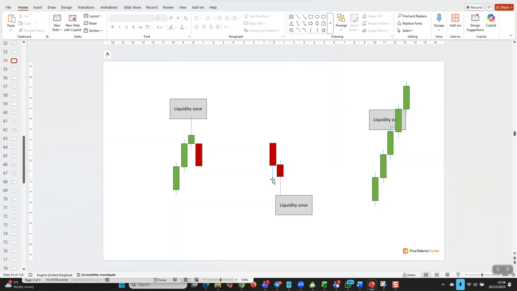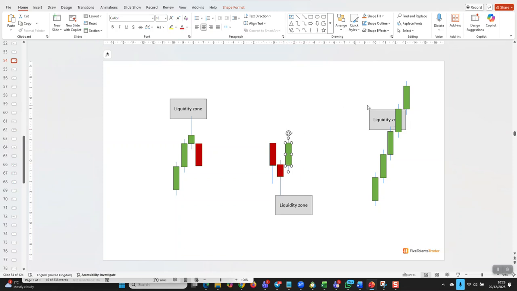If it's on a demand zone where price hits that liquidity area and is pushing back, I want to see a bullish candle form and then close above the high, giving me confirmation that it is moving away from that area. It's around this point that I'll think of executing a trade. So that's something to think about.